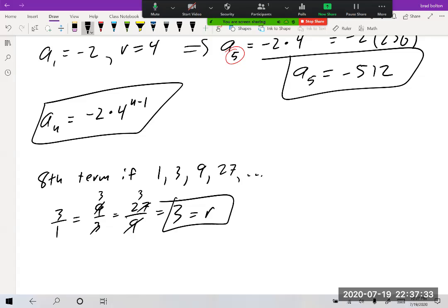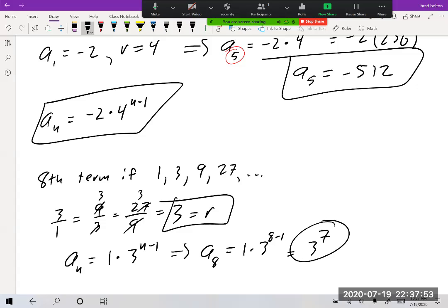So then what we want to do is find a sub n. I'm just going to find the general term first, which would be 1 times 3 to the n minus 1. So then if I want to find a sub 8, that'll just be 1 times 3 to the 8 minus 1, which would be 3 to the 7th. And you can just leave this. This is a really big number. Let me see if my calculator can even do it.